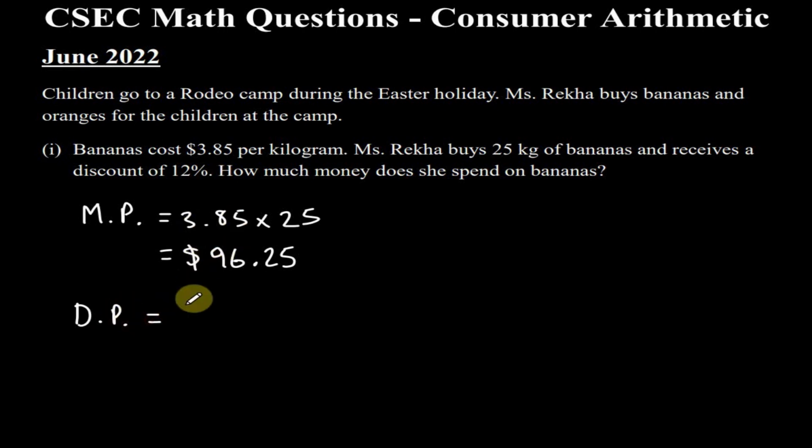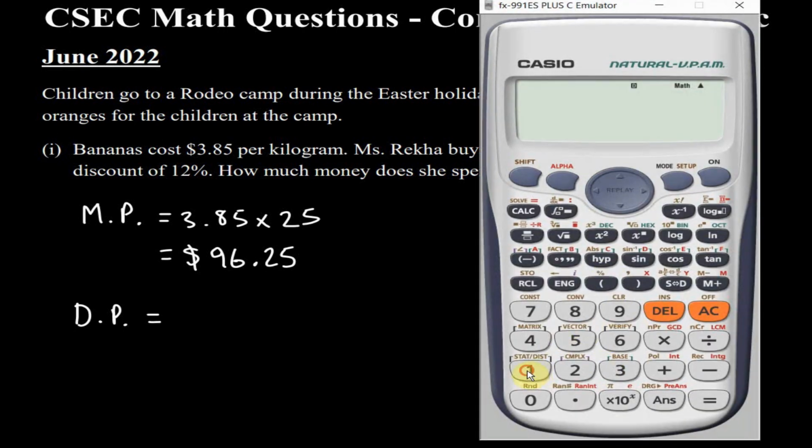Now, there are several ways how we could actually go about this, but again, I won't go through all of those routes. So discount represents the amount of money that is taken off the original price of the bananas in this context, right? So if 12% is taken off, how much percent is Miss Rika required to pay? And again, I'll use my calculator to aid me here.